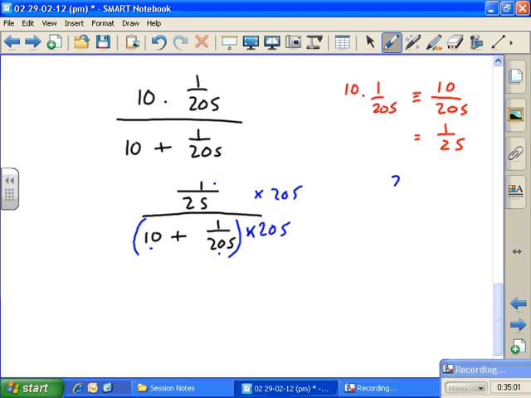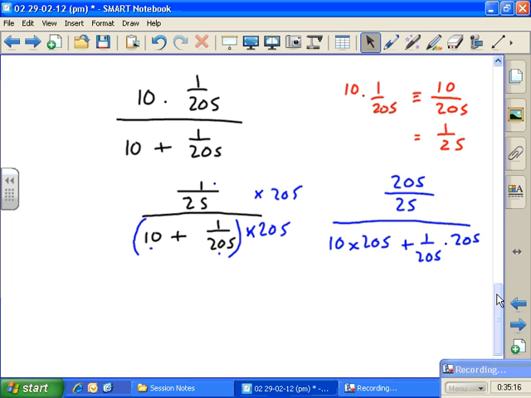And if we do that, we get 20s over 2s over 10 times 20s plus 1 over 20s times 20s. I've multiplied everything by 20s.